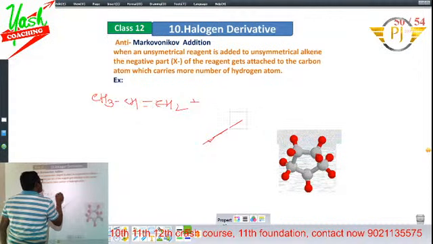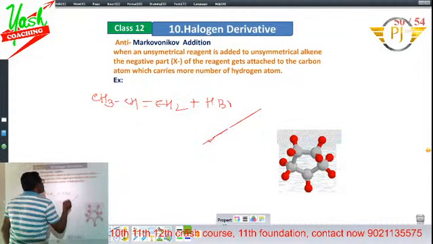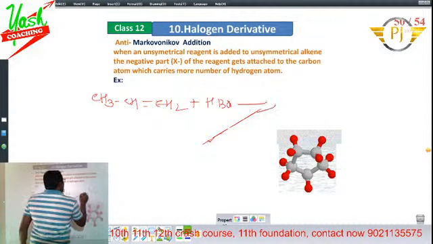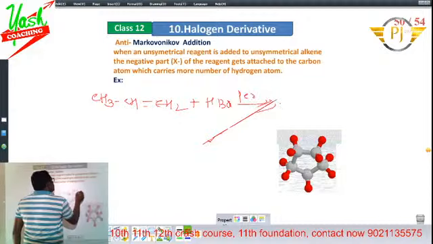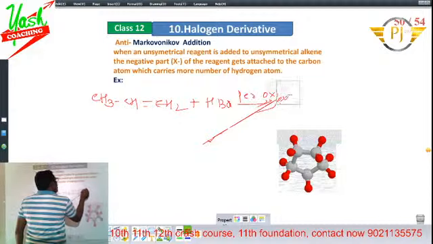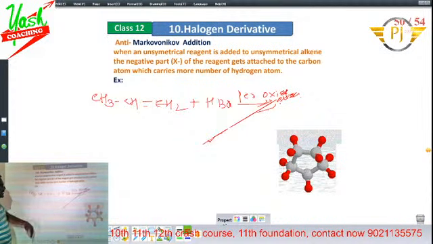When propene reacts with HBr in the presence of peroxides, the addition takes place reverse to the Markovnikov rule, and the major product obtained is 1-bromopropane.